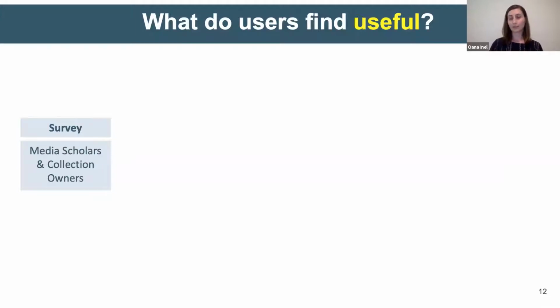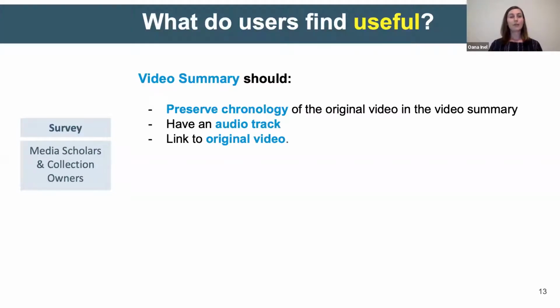We found that study participants prefer a video summary in which the chronology of the scenes in the original video is preserved, because they find chronology to be strongly correlated with understanding the narrative of a video. They also prefer the video summary to be accompanied by the audio track and the link to the original video.